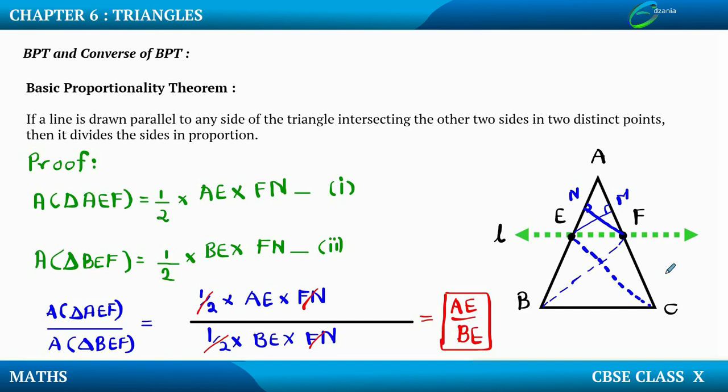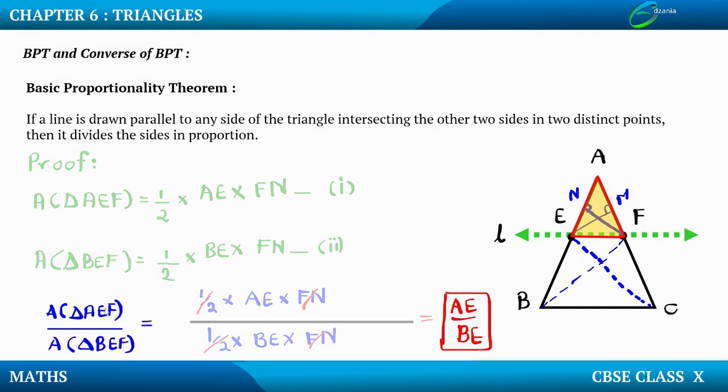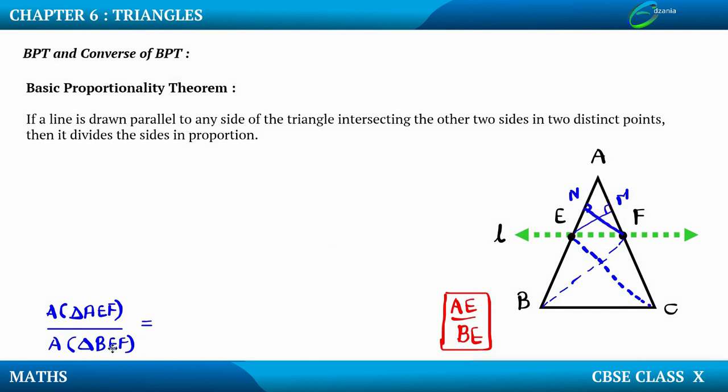Now this result is when I did area of triangle AEF divided by area of triangle BEF, I got AE upon BE. So let me write down this result separately: area of triangle AEF upon area of triangle BEF is equal to AE upon BE.